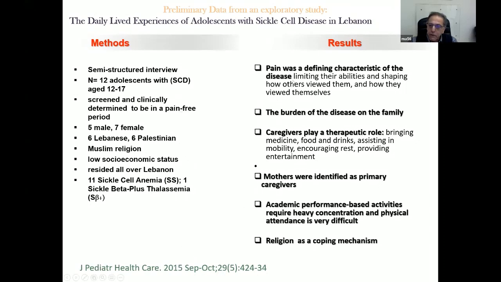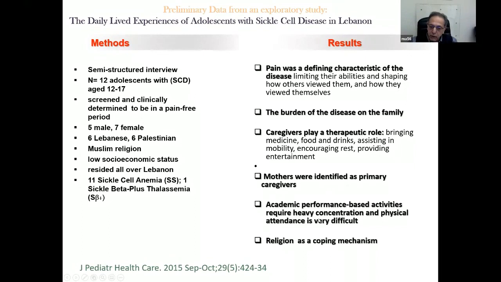This was published, and pain was a defining characteristic of the disease, limiting their abilities and shaping how others view them and how they view themselves. They were concerned about the burden of the disease in the family. We found that caregivers play a therapeutic role.